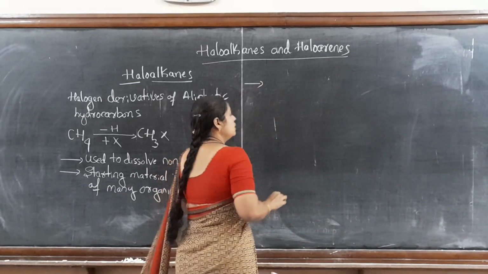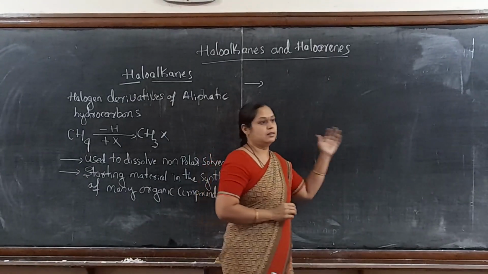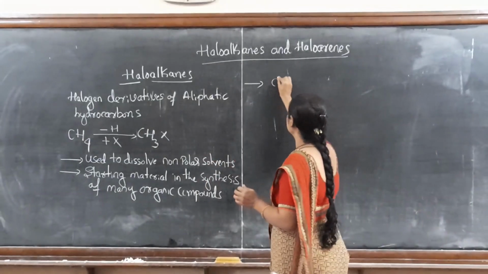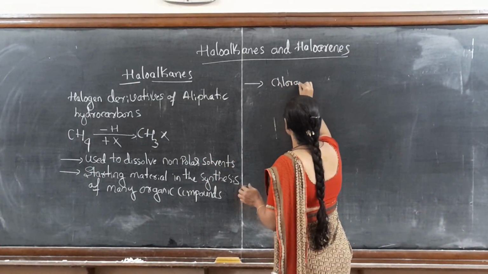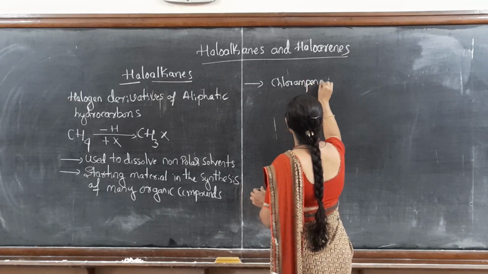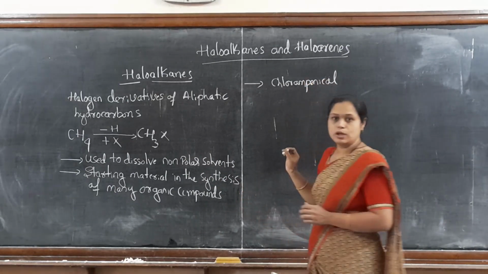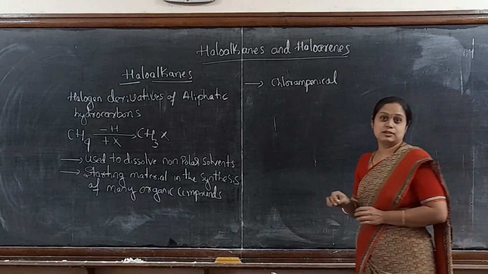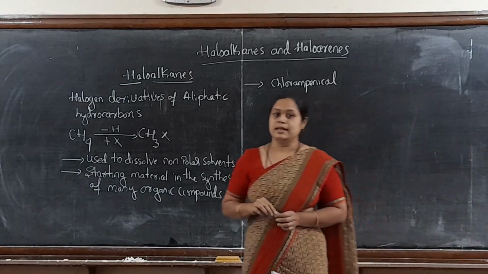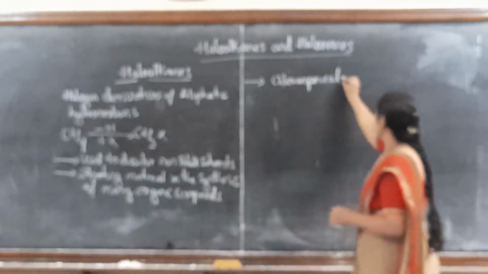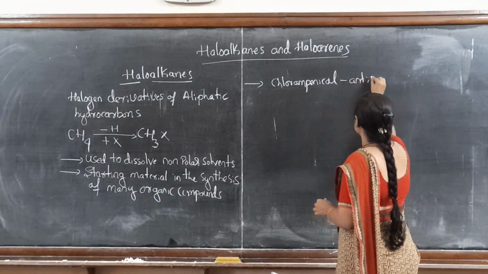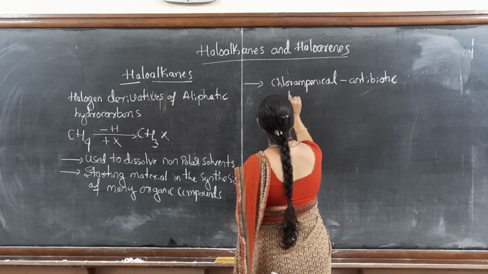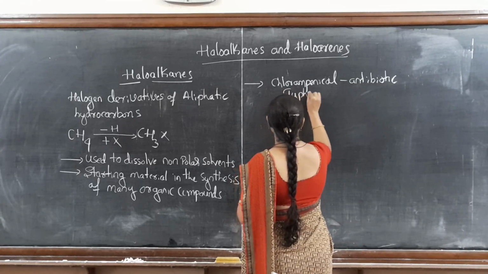Another one, the naturally occurring chlorine-containing haloalkane, chloramphenicol, is obtained from soil microorganisms. It is an antibiotic used for the treatment of typhoid fever.